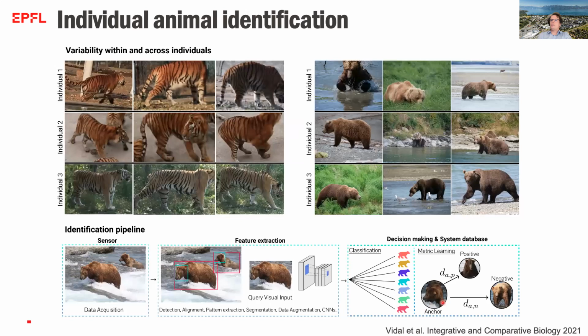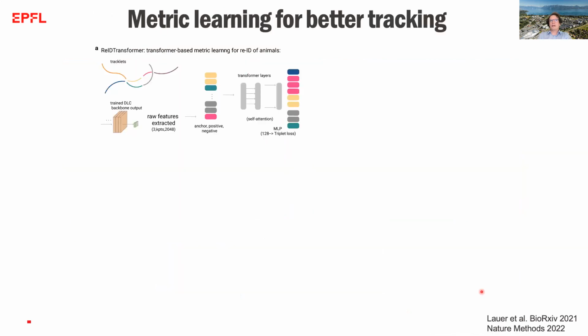So for each batch, we sample an anchor and a positive pair, as well as a negative pair. In our setting here, for tracklets, the way we do this is we sample an anchor, for example, from this blue tracklet, and then a positive pair from the same tracklet, and a negative pair from a tracklet that happened at the same time from another, which presumably means it's another individual.